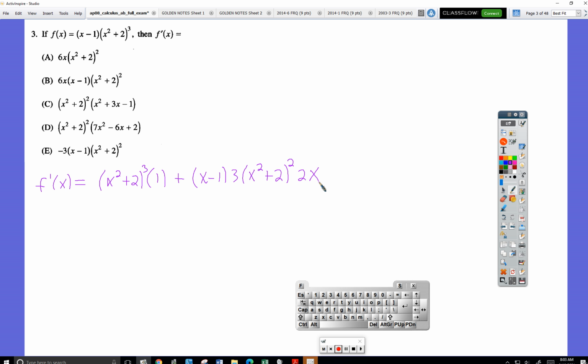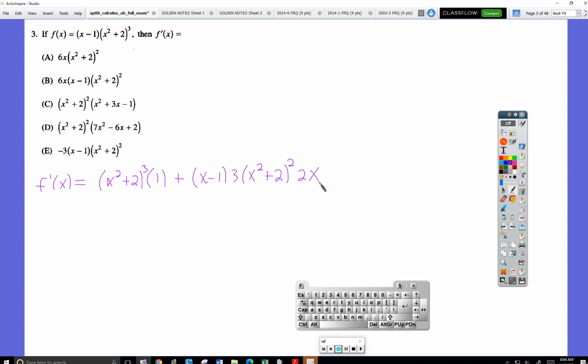You'll for sure be tested on the product rule, so any questions there? Awesome. My answer does not appear, but what I noticed right away is this very important concept, the difference between factors and terms.